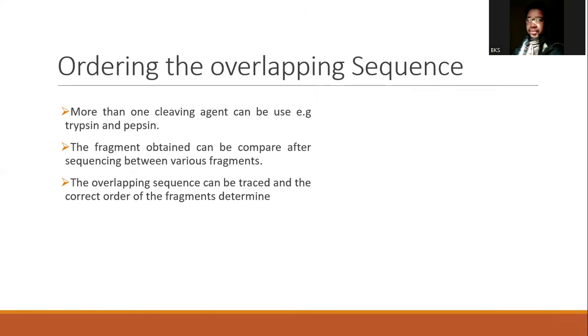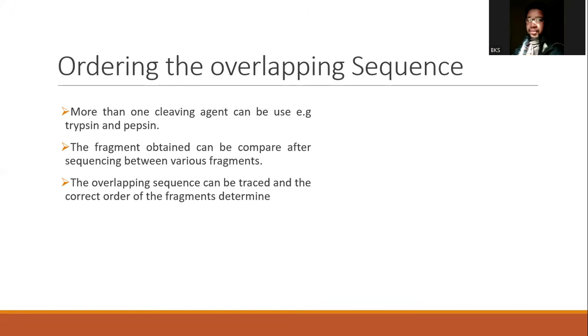From there, you will be able to sort out the exact sequence of amino acids in your sample. As we explained in class, this is not a difficult thing. You can easily do it as long as the polypeptide chain is not a very huge amino acid sequence.